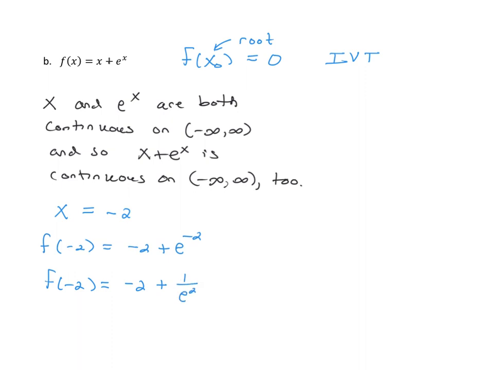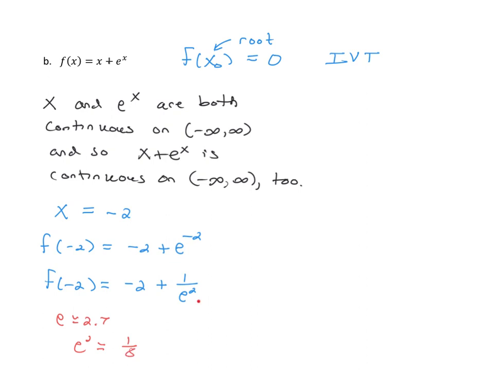Now, if I'm not using a calculator, e is roughly 2.7. And so if you square e, well, if you square 2, you get 4, and if you square 3, you get 9. So maybe it's roughly an eighth or something like that. I'm not really sure exactly what it's equal to.